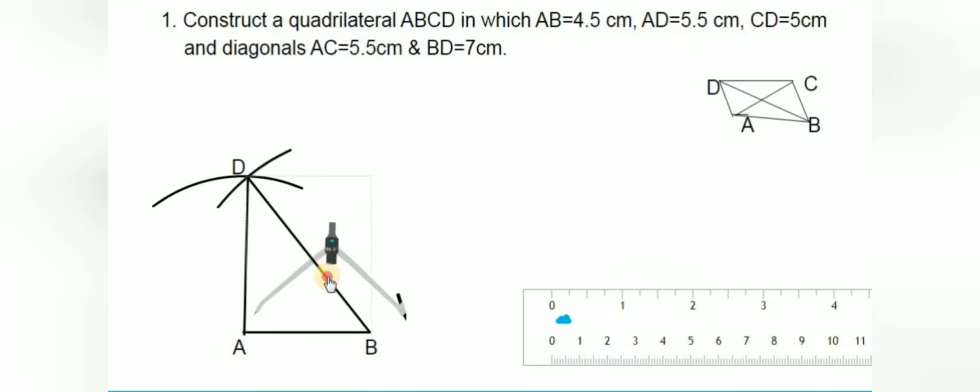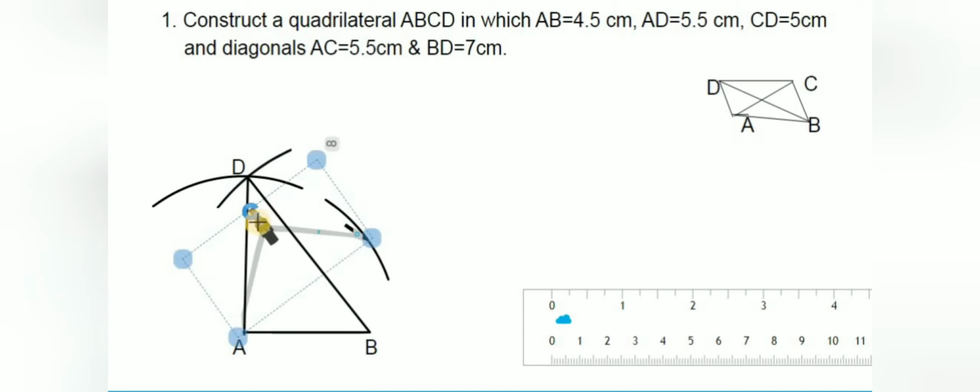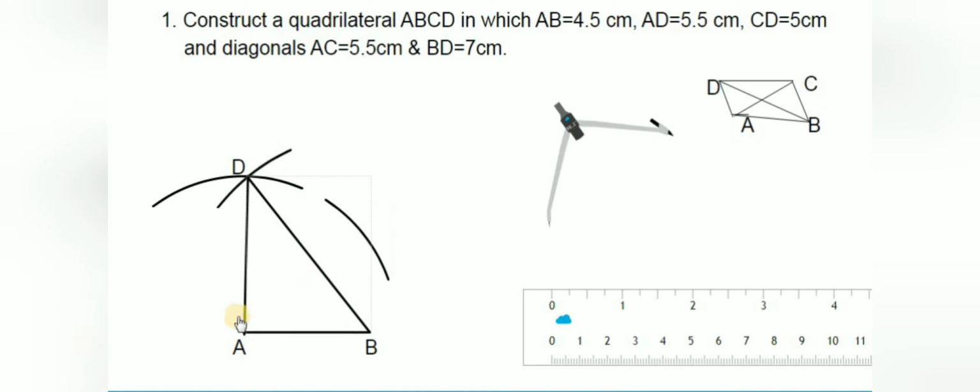Taking the measurement there, it is 5.5 centimeter. Fixed at A, draw an arc. We don't know the exact point of C. This is from A to C.